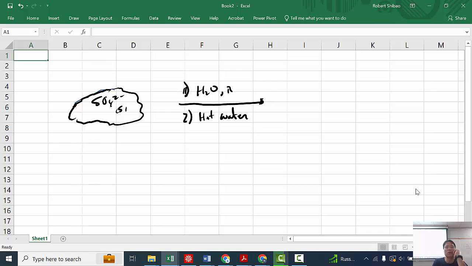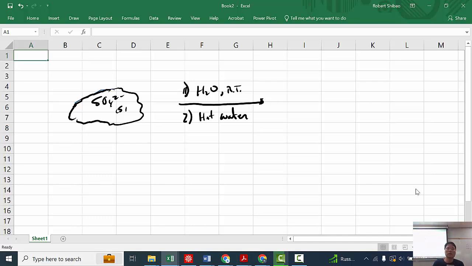So this would be room temperature, RT. Let's say hot water wasn't able to dissolve it. What would you try next? I'm sorry? Cold water most likely is not going to work. If room temperature didn't work, I probably wouldn't go that route.